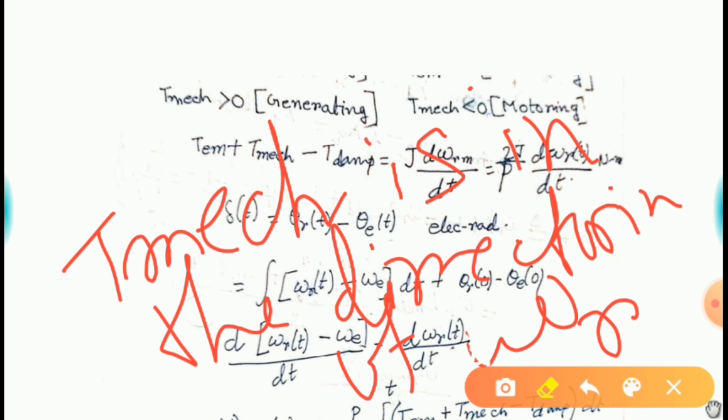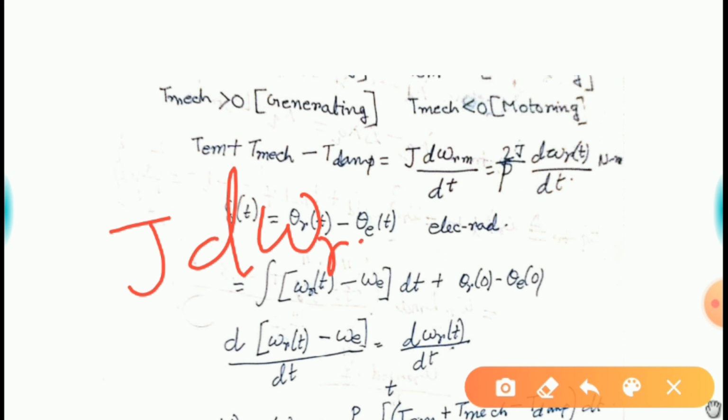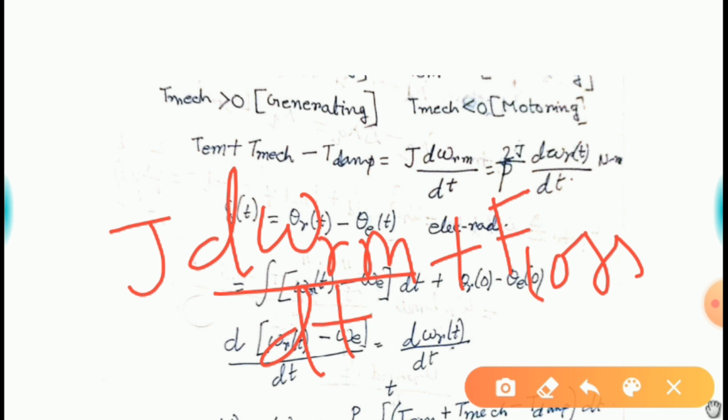Now T damp is the torque produced by our damper winding. Here we are considering only a lossless machine. If we consider any machine with loss, then we have to add a few additional terms here, like instead of having only J d omega Rm dt, we will have some T loss, which is also a function of omega Rm, right?